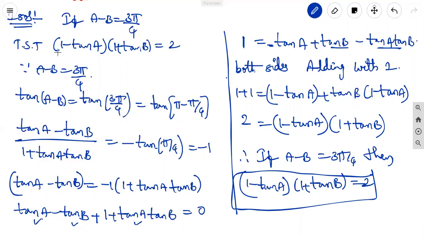But what we need to show is 1 minus tan A, 1 plus tan B. So taking tan B common, it will come to tan A minus 1. Only 1 is left on the left side, and the remaining terms go to the right side, then we get an idea. When we take tan B, the remaining terms are in the expression of 1 minus tan A, so minus tan A is there. Just add 1 to both sides, then the complete terms are made into what we need to prove. That is the clue we can remember.